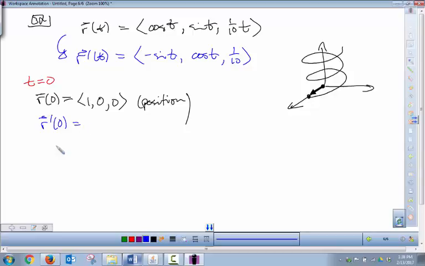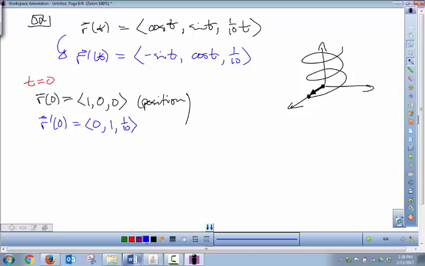So now I have r prime of 0 to denote that this is the derivative of the r function, and then I'm putting 0 in there. So I need to take the derivative of the r function. We already did that. And let's put 0 in there. You get 0, 1, 1/10. So 0, 1, and 1/10.